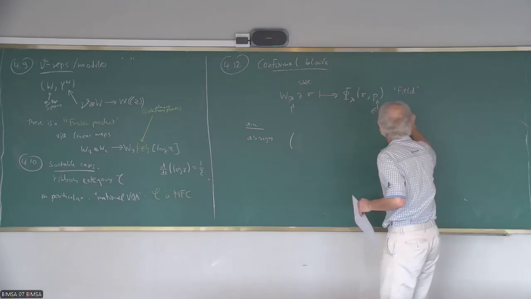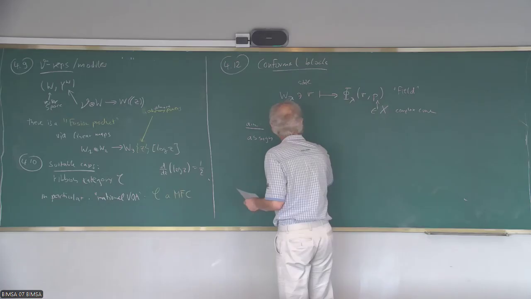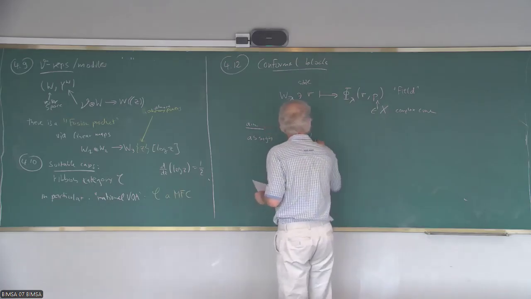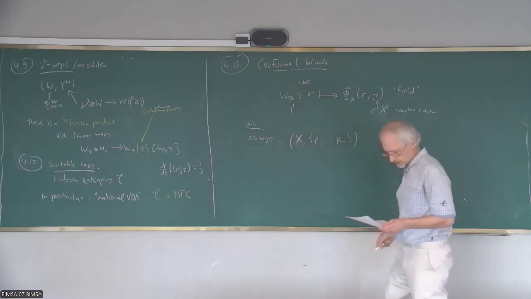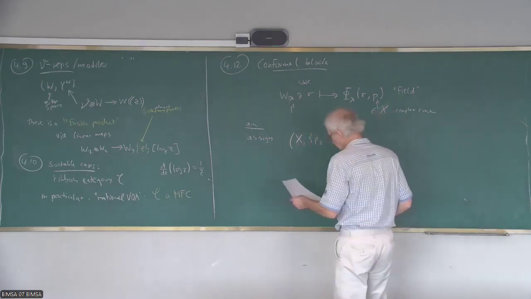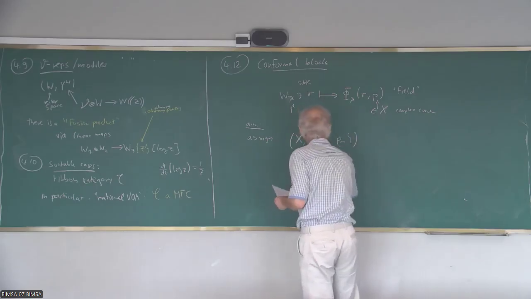Let me say here a complex curve and denote it by X. I assign to X and points p1 to pm, finitely many on X, and to each of them a label lambda.